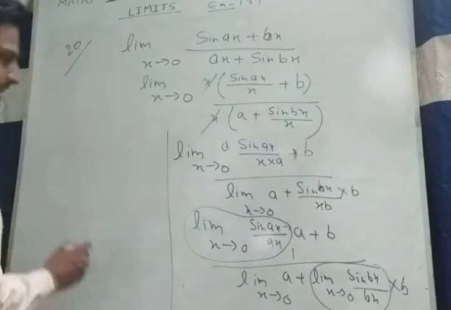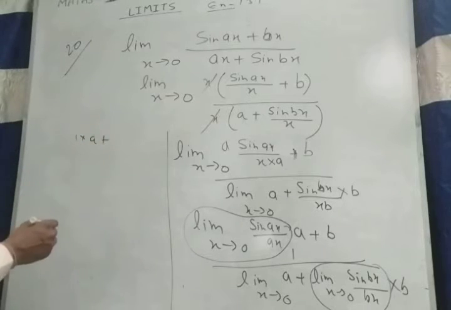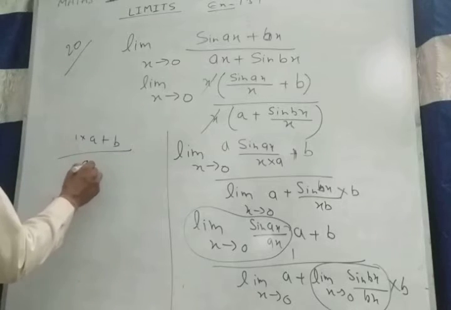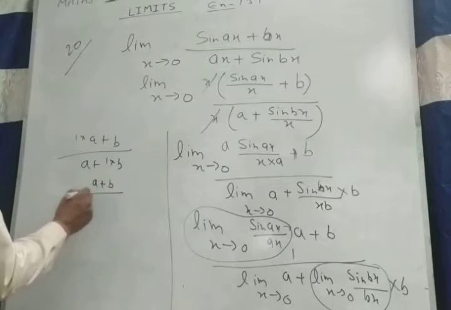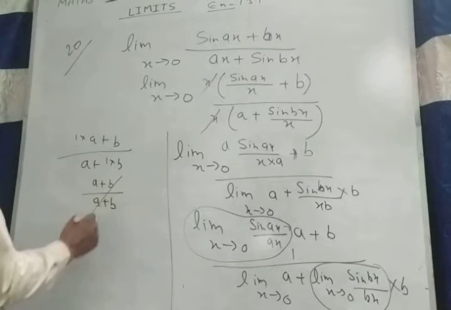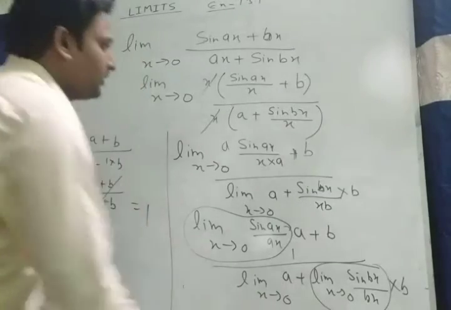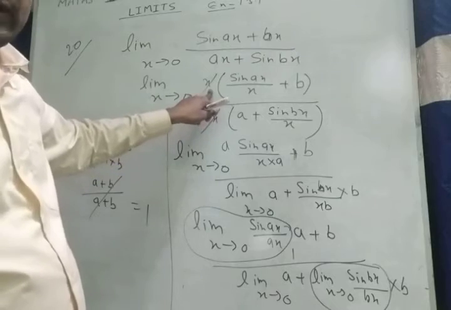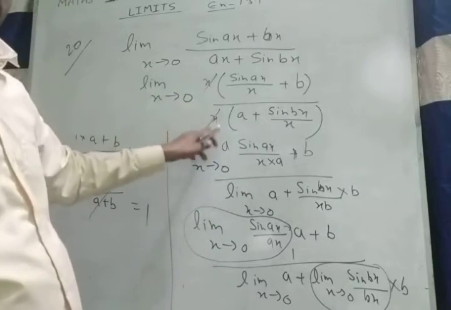So we write 1 into a plus b upon a plus 1 into b, that is a plus b by a plus b, which is 1. Okay. What we have done, we have taken x from numerator and x from denominator outside, both will be cancelled.